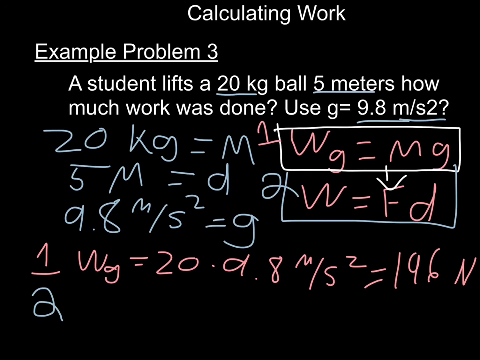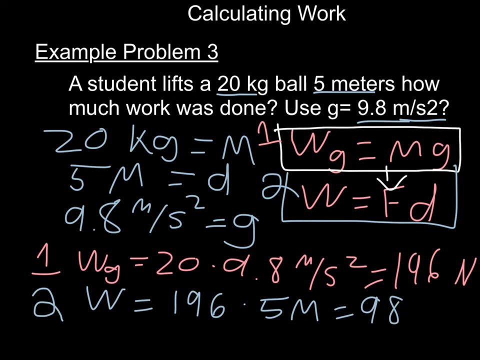So when I do my substitution, I'm going to have work is equal to 196 times 5 meters. And I'm getting that 5 meters from my distance when I collected my numbers that I already know. When I do that calculation, I get the answer of 980.